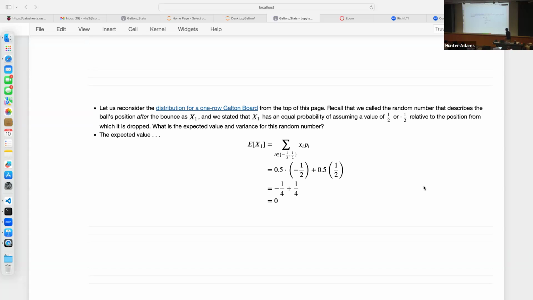The way that we compute an expected value is for every possible value of that random variable, we multiply the probability of it achieving that value by the value itself, and then we add up all of those, right? So in the case of a Bernoulli trial, we have a 50% chance of moving left by 1/2, a 50% chance of moving right by 1/2.